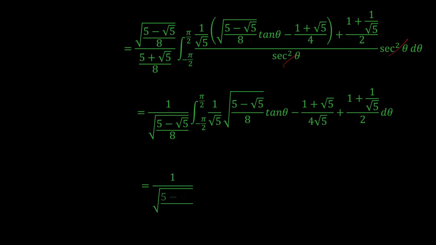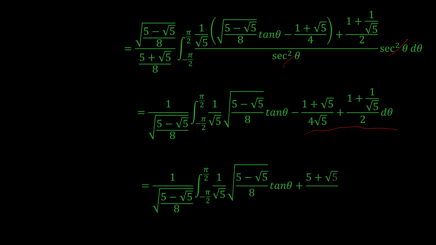Now this part here, we can simplify it further. That's the focus that we're going to work on, and so it becomes 5 plus root 5 over 20. Looking at the previous integral, we now know how tan theta evolves.